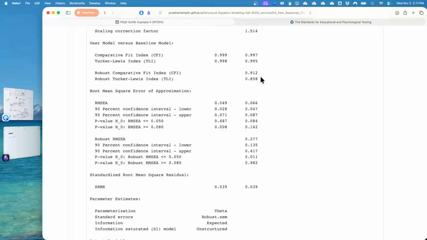The CFI and TLI are enabled because of the assumptions based on the limited information estimate, so you have to work extra hard to get these in lavaan, in Mplus, the maximum likelihood version. So they look very familiar, and you'd say it probably doesn't fit great.